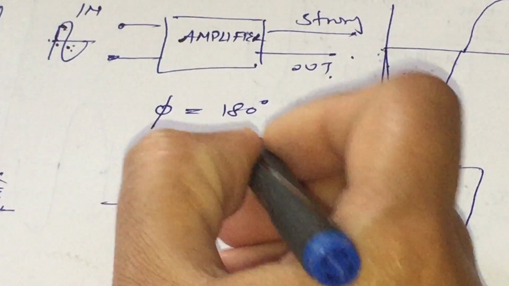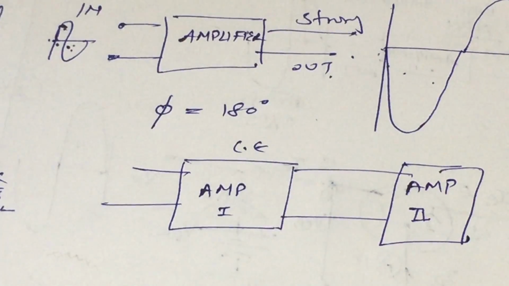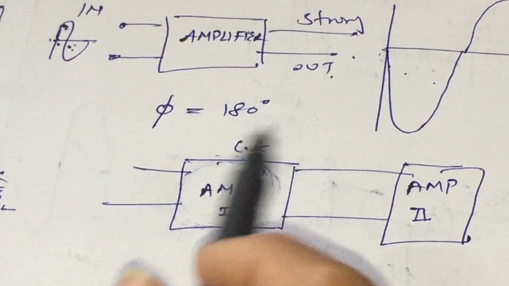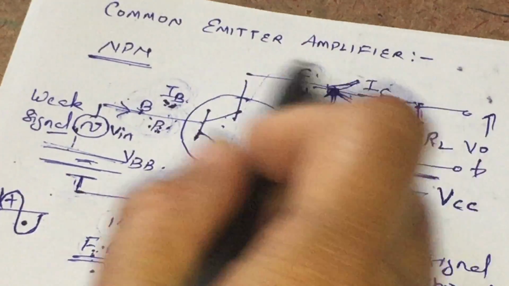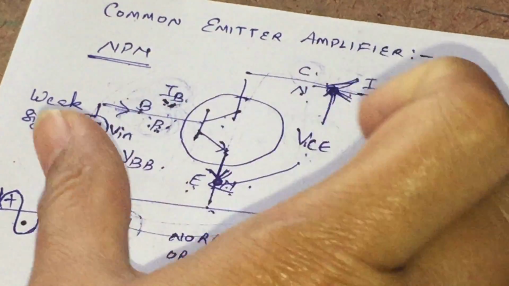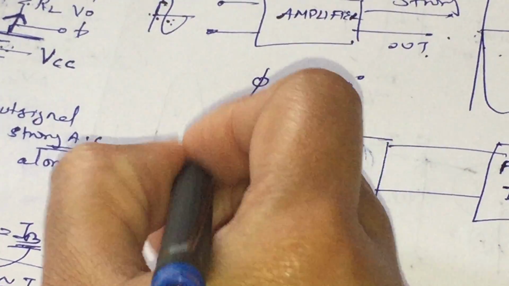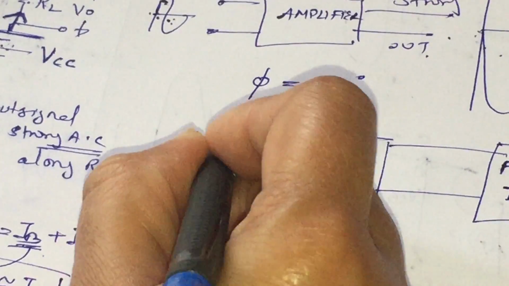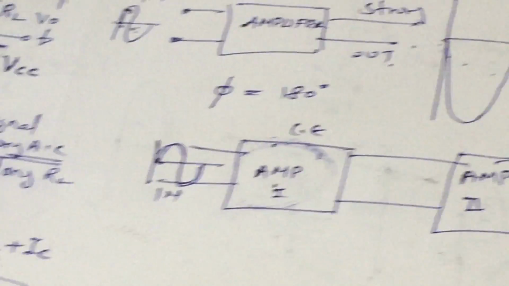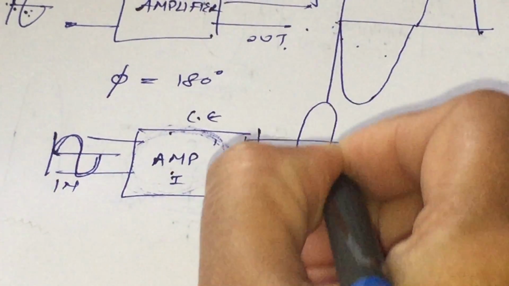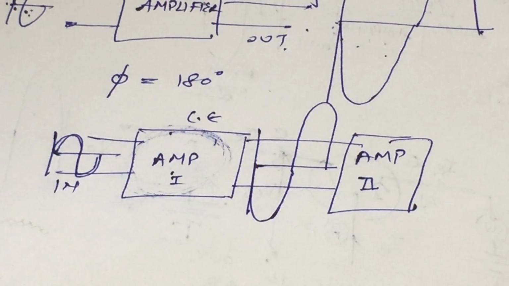In this circuit, this is our first stage, and for this type of weak input signal we get a strong output signal.